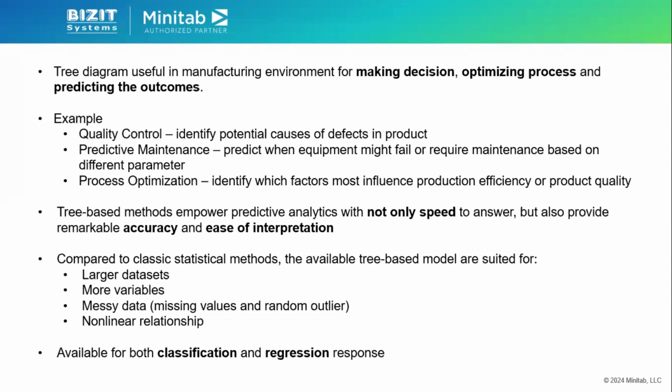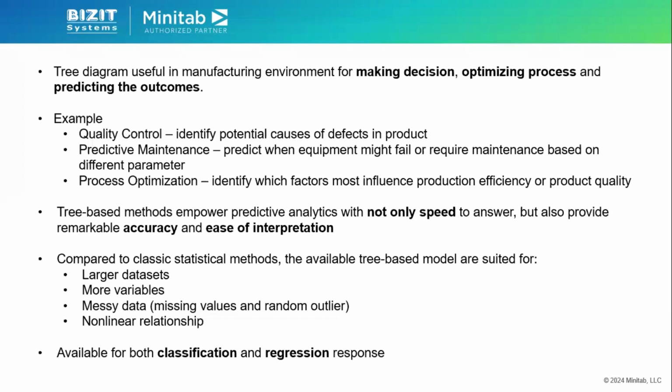You might have messy data, missing data, random outliers, and you can face a non-linear relationship. It's not a straight line. In a lot of the real case studies I face, I see non-linear relationships. So all these things are good situations for the tree diagram.